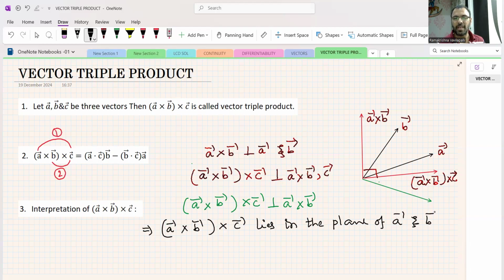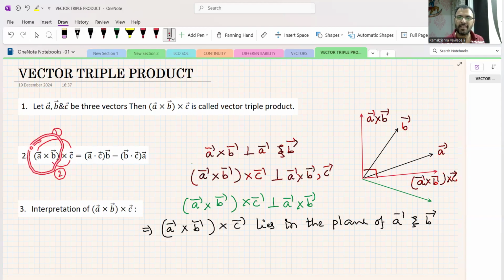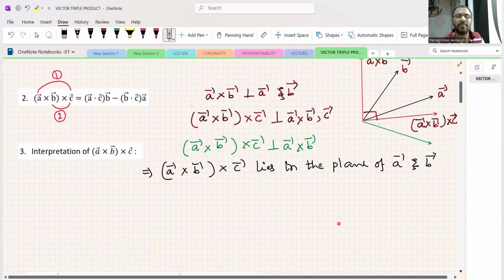You can have just a small trick: wherever bracket is there, here A bar cross B bar, we have a bracket. Therefore, this vector lies in the plane of A bar and B bar. If bracket is there for B bar and C bar, then it will lie in the plane of B bar and C bar.